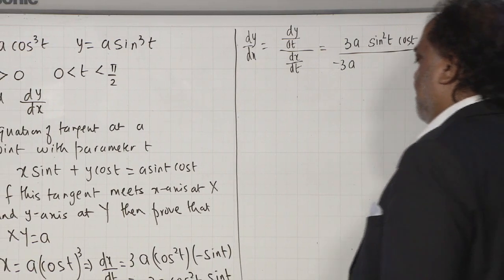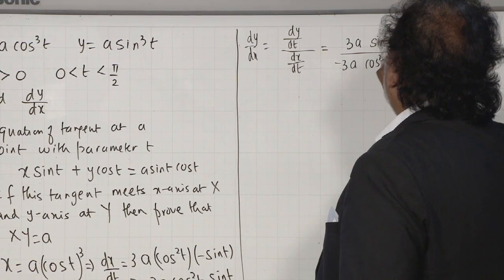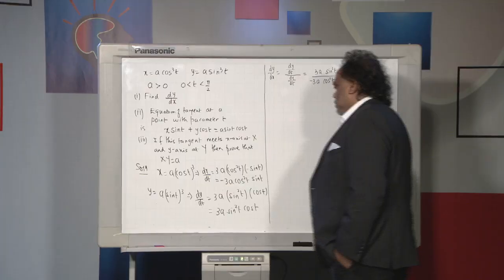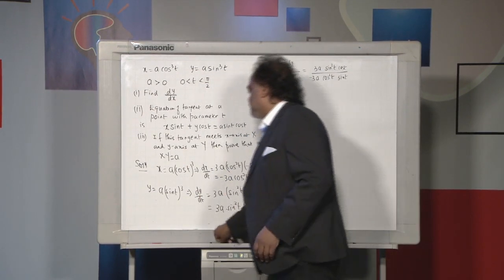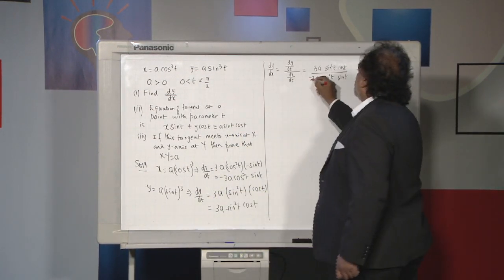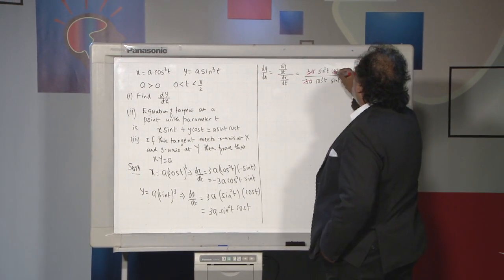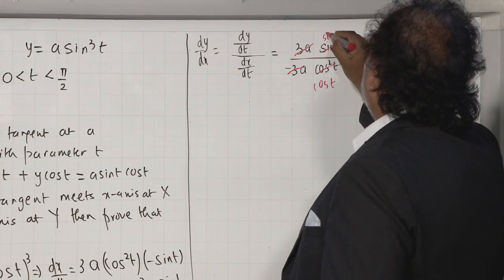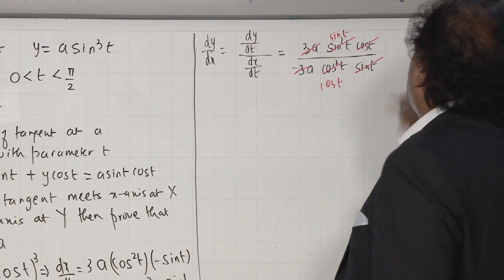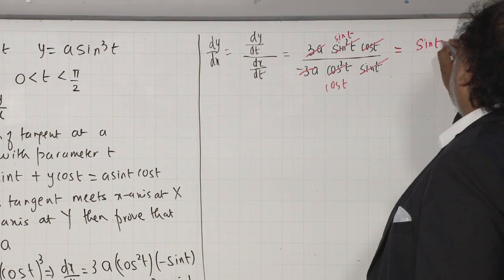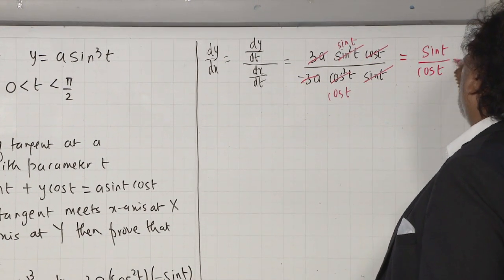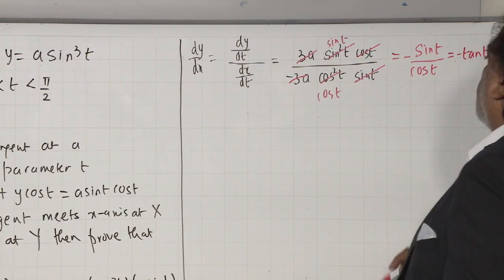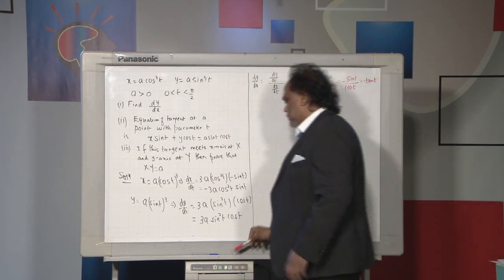Minus 3a cos square t sine t. So, obviously here you find that these will eliminate, leaving cos t here. This would eliminate, leaving sine t here. So I'll be left with sine t over cos t with a minus, which is minus tan t. So that's dy by dx.